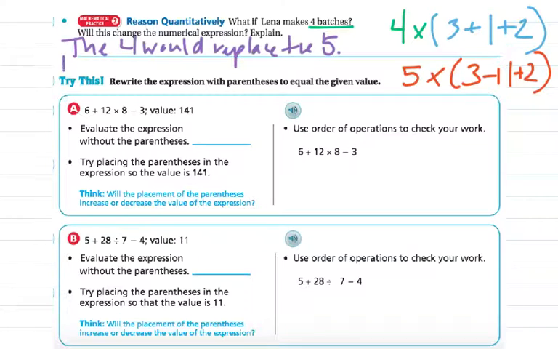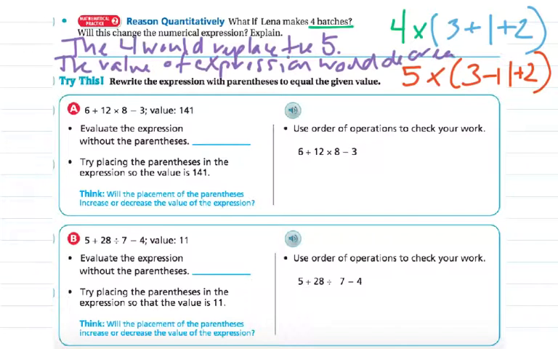And we know that the value of the expression would decrease to 24 because we're making 1 fewer batch. And we notice the difference between 30 and 24 is 6, which is how much is needed for 1 batch.